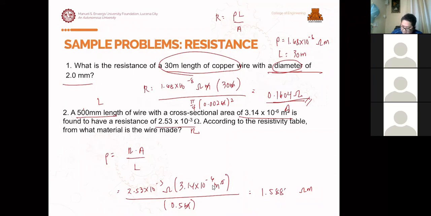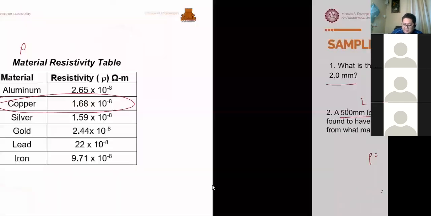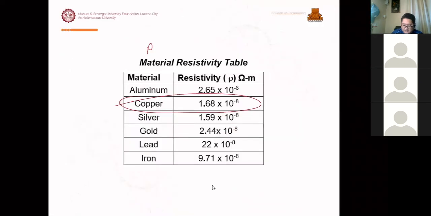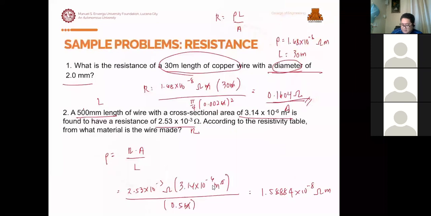Kompletuhin ko lang, no? 4 times 10 to the negative 8 ohm meter. Okay? So, kung yan yung value nung resistivity nung material natin, mula dito sa table, 1.588 o 1.59, ano siya? So, siya ay silver. Therefore, siya ay silver.